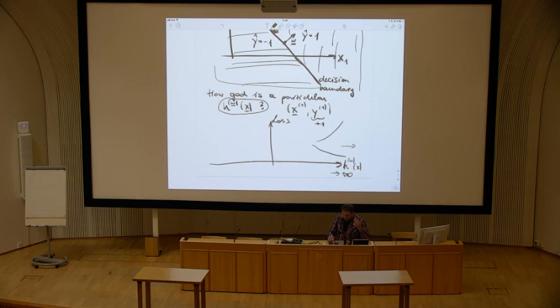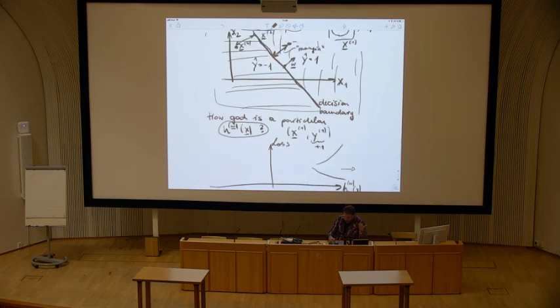So the true label is +1. So it should be on this side. And the value of the predictor basically tells you the distance to the decision boundary. So this here, the value of the predictor gives you an idea of how far away this feature vector x is from the decision boundary.